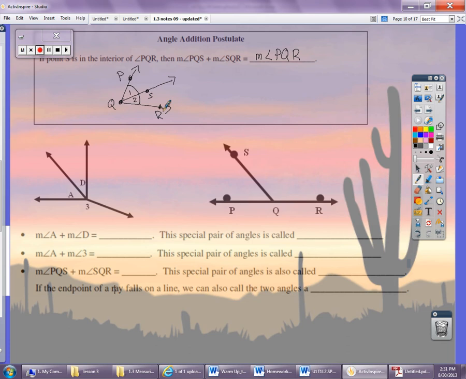So now when we look at a couple of these down here, so you don't have this picture in your notes, but we look at this picture, it's saying the measure of angle A plus the measure of angle D is going to equal 90 degrees. And this special pair of angles is called complementary angles.